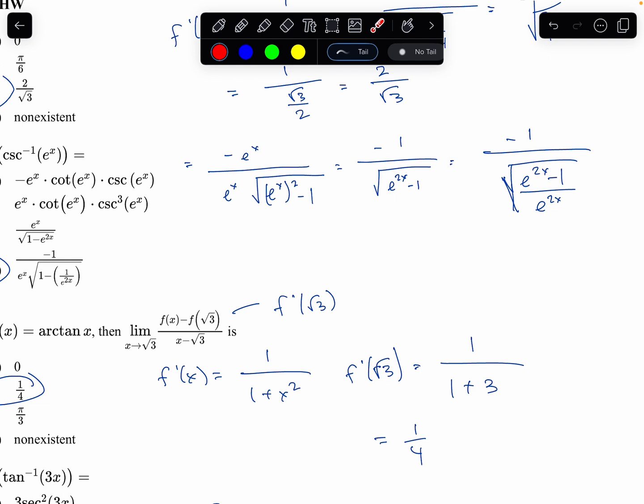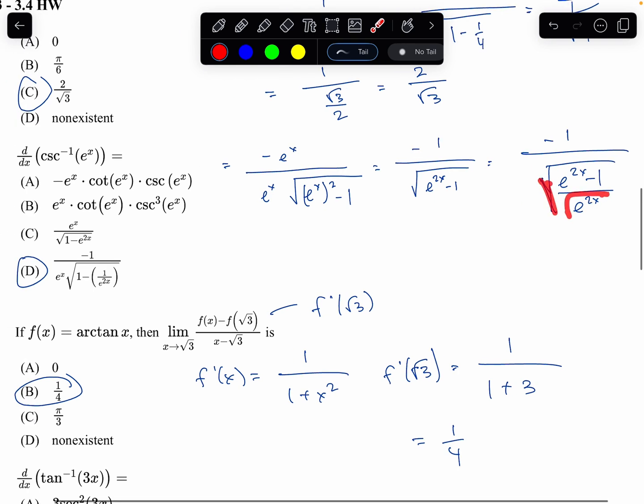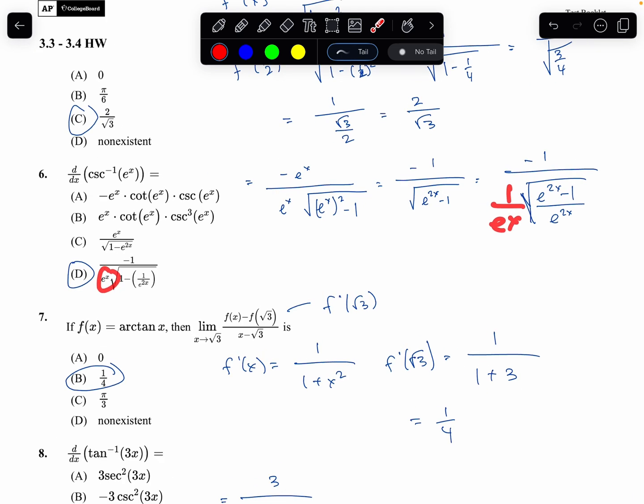Because then the square root of e to the 2x is e to the x. So if this were my expression, that would leave me with 1 over e to the x and not e to the x right there. So I'm kind of hitting a wall on how to simplify this expression right here.